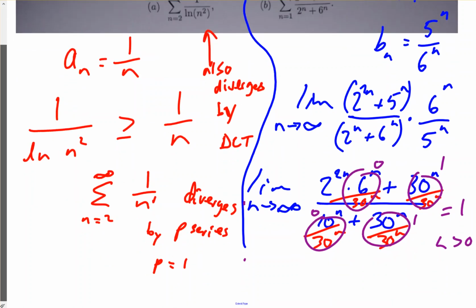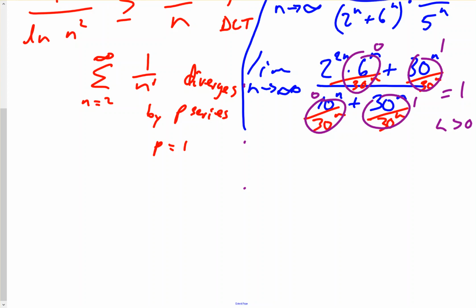Okay, so remember, Bn was 5 to the n over 6 to the n. Another way to say that is 5/6 to the n, right, which converges.